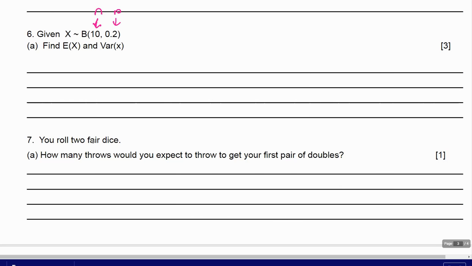So, how do I find the expected value in a binomial distribution? Which is going to be 10 times 0.2. 10 times 0.2 is going to get me 2. That's how I find the expected value. How do I find the variance?